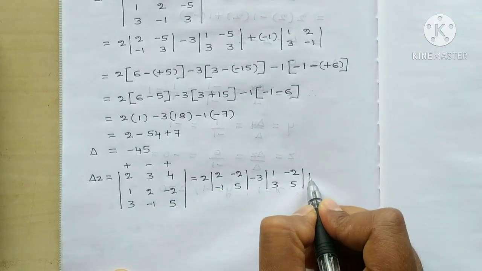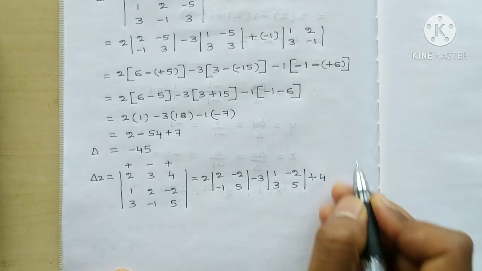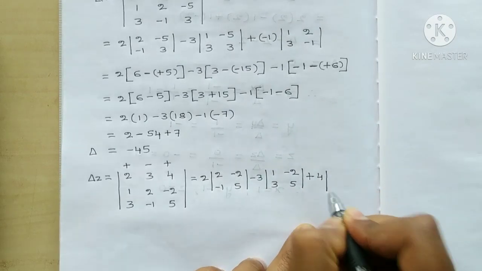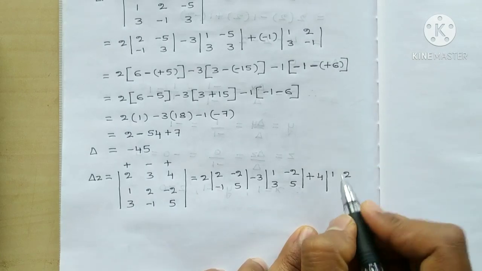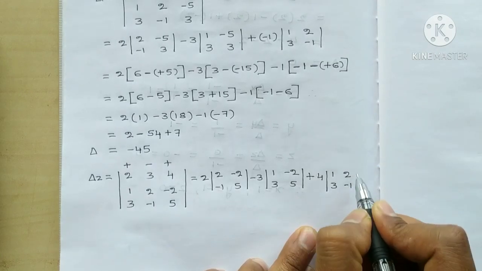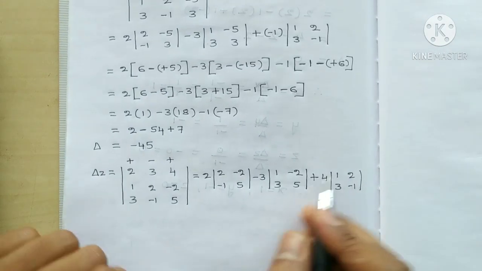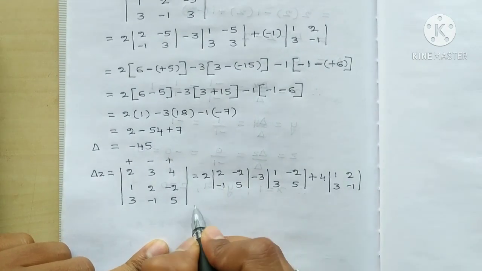Next, plus 4 into bracket, 1 2 3 minus 1. So this is the first step. So now apply second order determinant rule now.